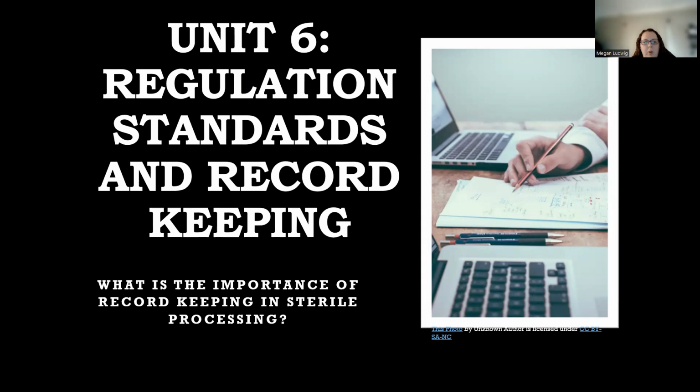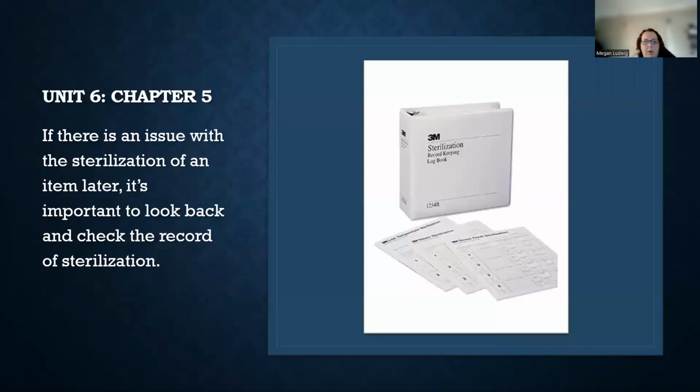But if we don't keep track of what has happened, if something goes wrong, we have to be able to look back and see, where did it go wrong? What possibly could have gone wrong? What did we miss? So if there's an issue later, it's important to be able to look back and check those records for sterilization.